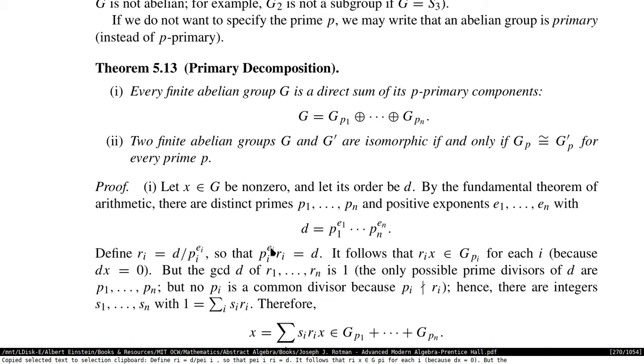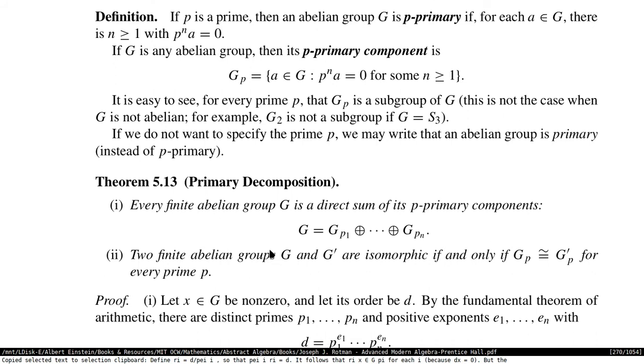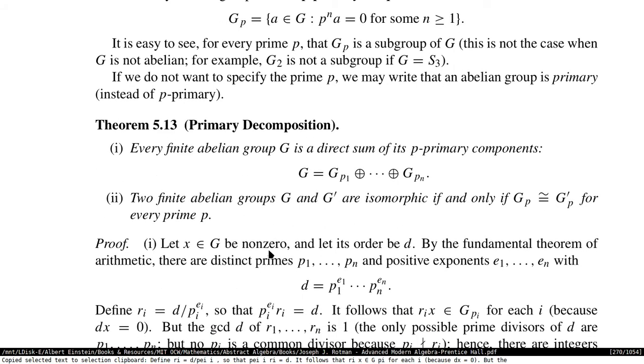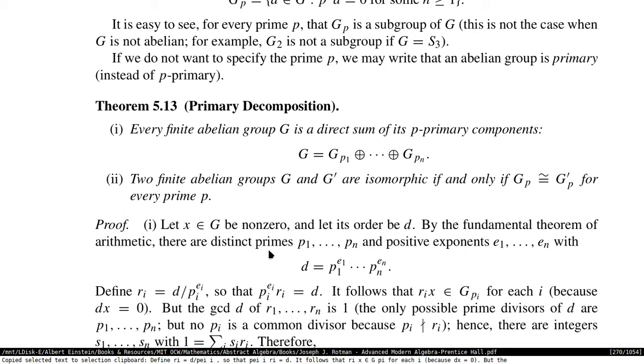And then what characterizes G_pi is that if you multiply by a power of pi, then you get 0. So basically, if we multiply back in that missing power of pi, then we get d, which is the order of the group.